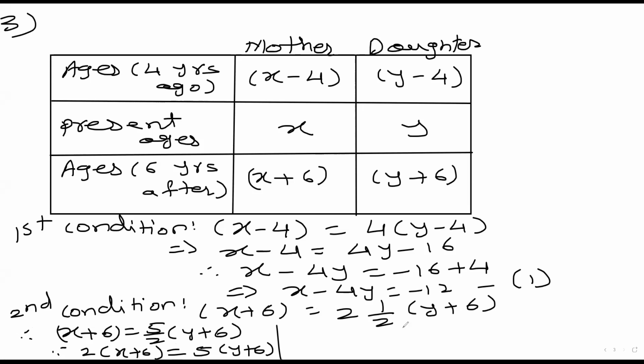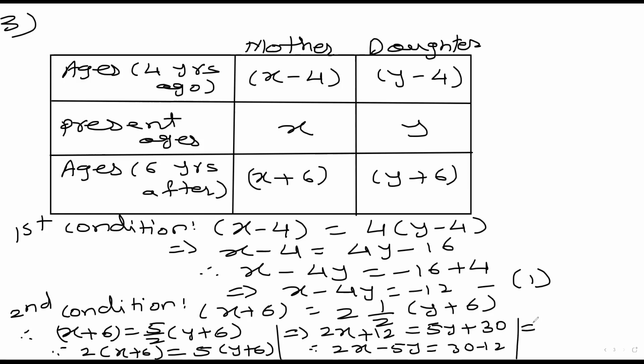When you open the brackets, you get 2x plus 12 is equal to 5y plus 30, right? So you get 2x minus 5y is equal to 30 minus 12. So in fact, you get 2x minus 5y is equal to 18. This is our equation 2.